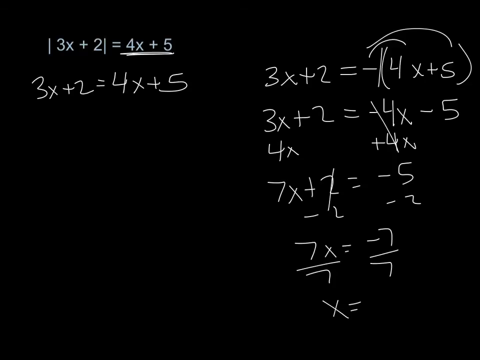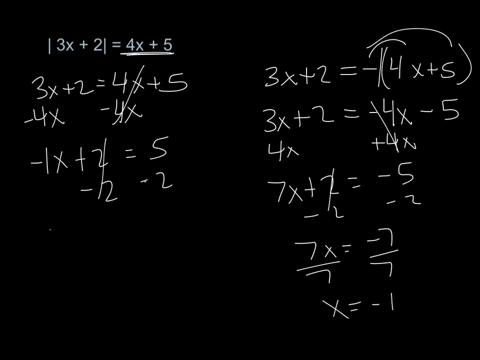And I get x equals negative 1. All right, back to the other equation. I'm going to subtract my 4x over, so I get negative 1x plus 2 equals 5. I'm going to subtract my 2 over, and then divide by negative 1, so I get x equals negative 3.